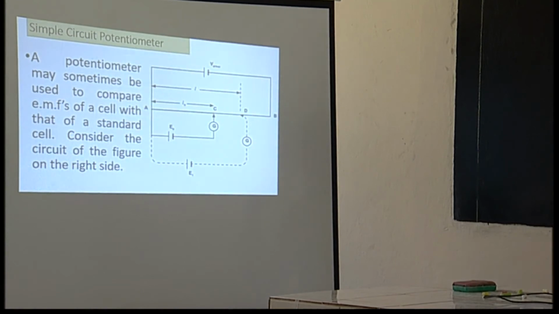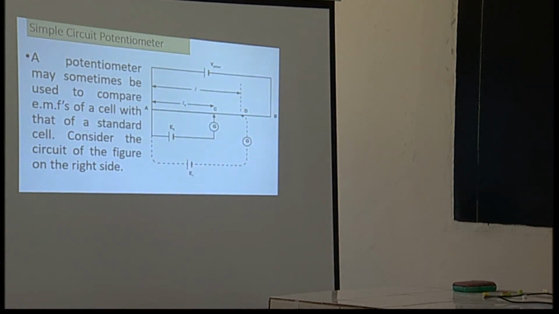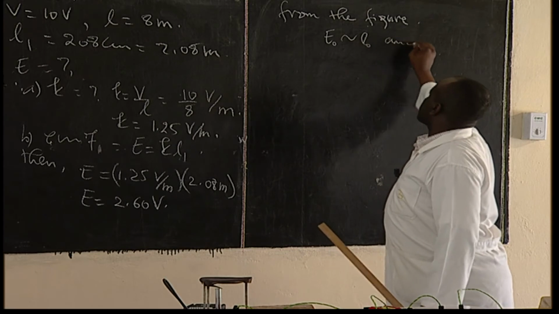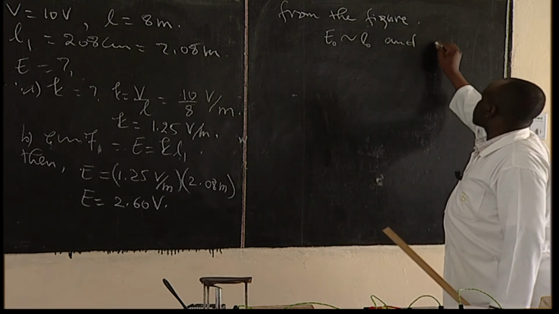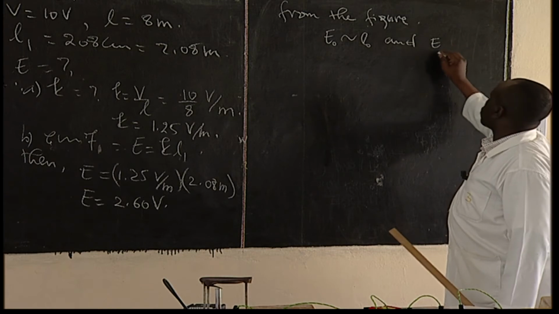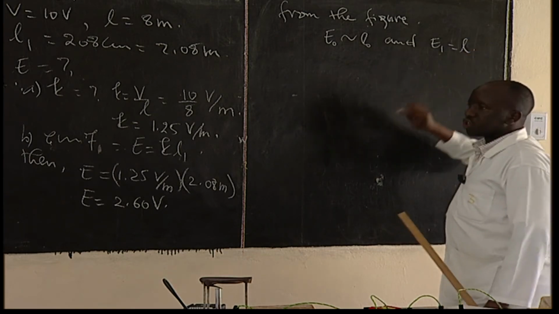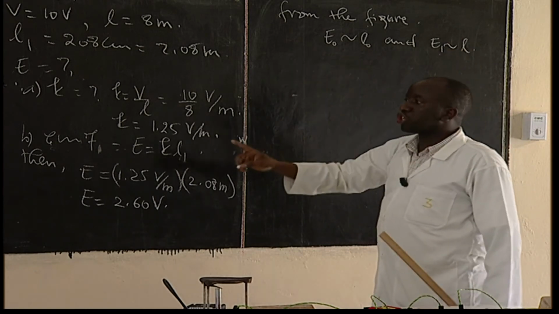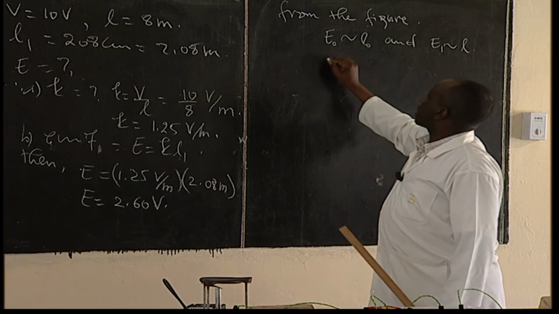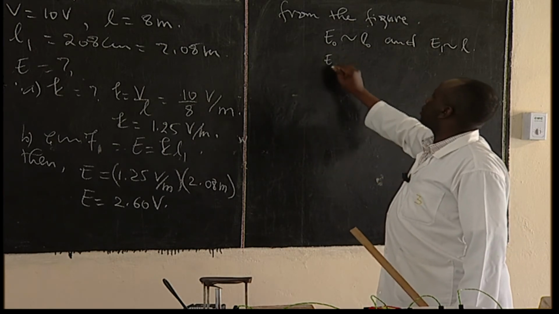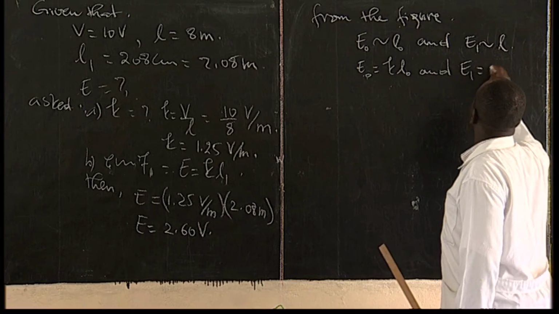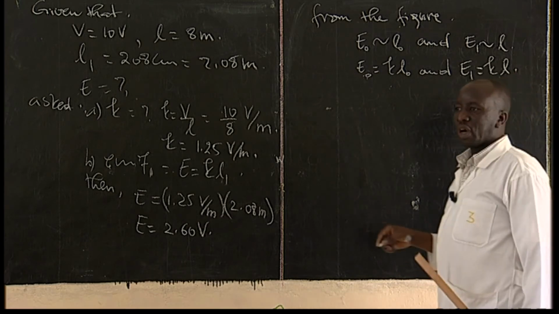Remember what we have now performed in previous activities. So it means that E0 is proportional to L0, and what else? And that E1 is proportional to L. So which means that the constant of proportionality, as what we have said, is the potential gradient. And then we'll have E0 equals K L0, and E1 equals K L. So what is next?